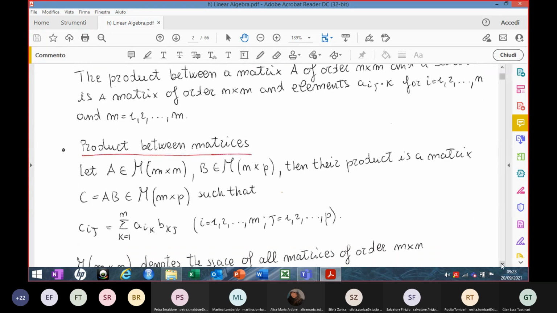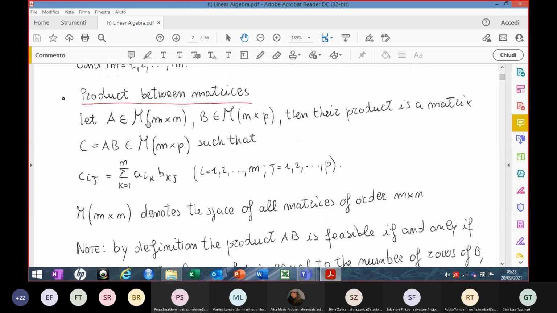Another operation between matrices is the product. Let A belong to the space of matrices of order m times n. Simply, let A be a matrix of order m times n, m rows and n columns. And let B be another matrix of order n times p, that is with n rows and p columns.